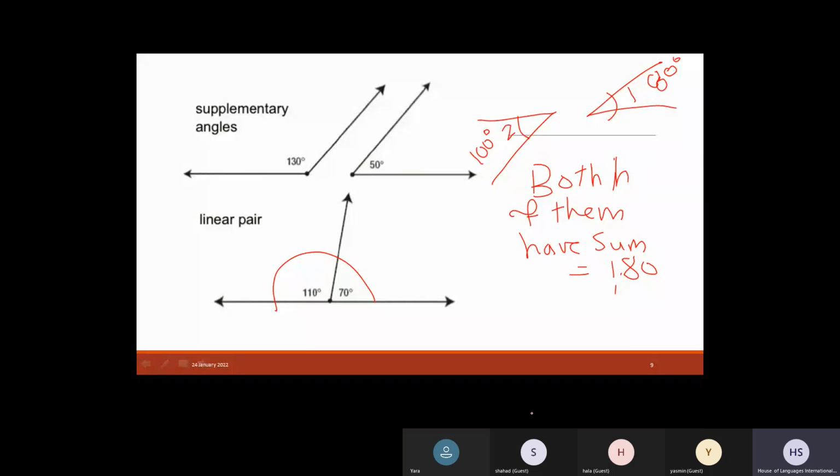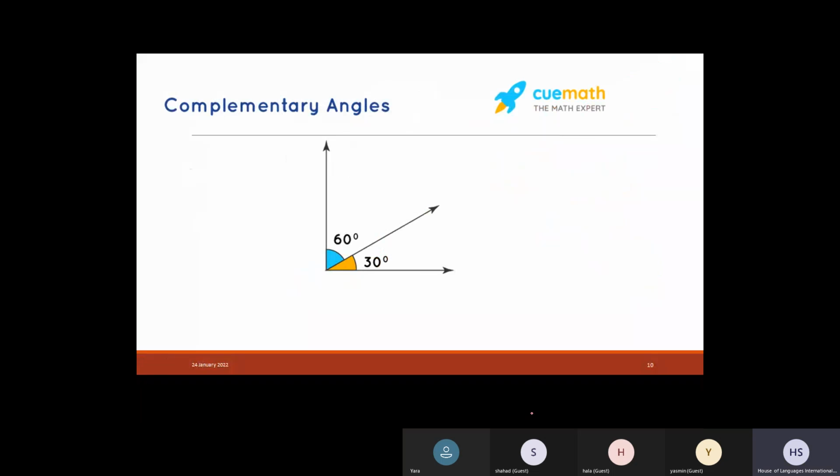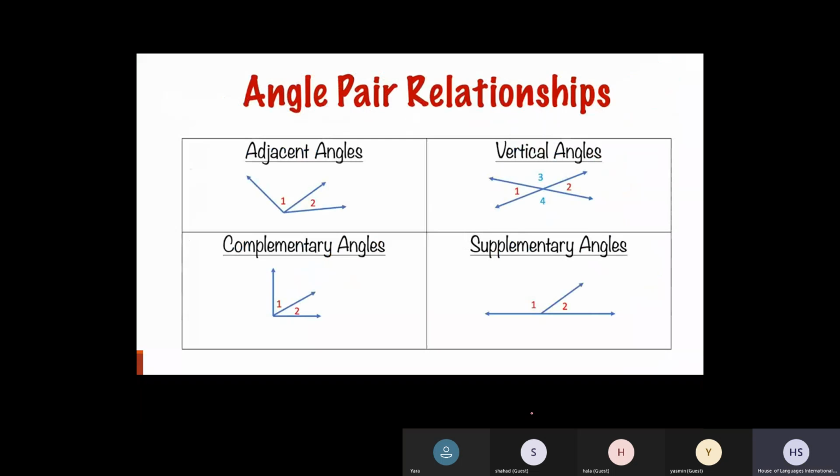But the first one, I must tell you they are supplementary. If I didn't tell you, maybe this one is 50 and this one is 120. But always the linear pair, they are opposite.